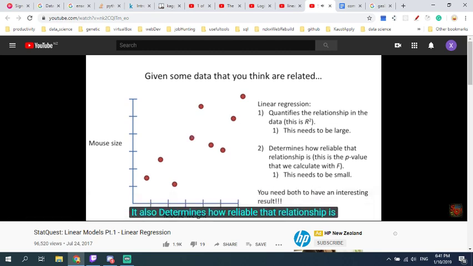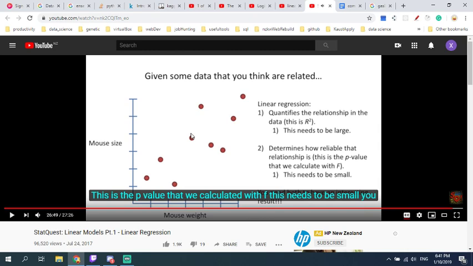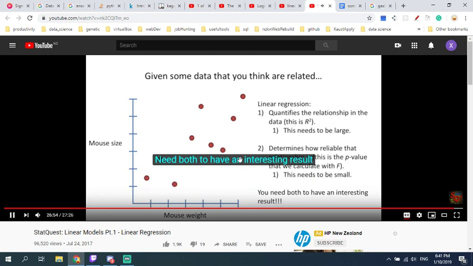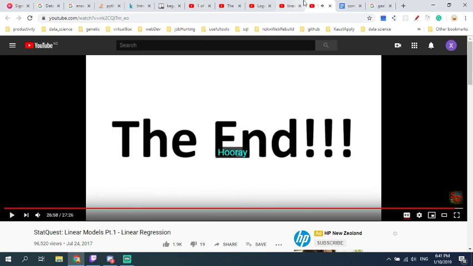It also determines how reliable that relationship is. This is the p-value that we calculated with F. This needs to be small. You need both to have an interesting result. Hooray!